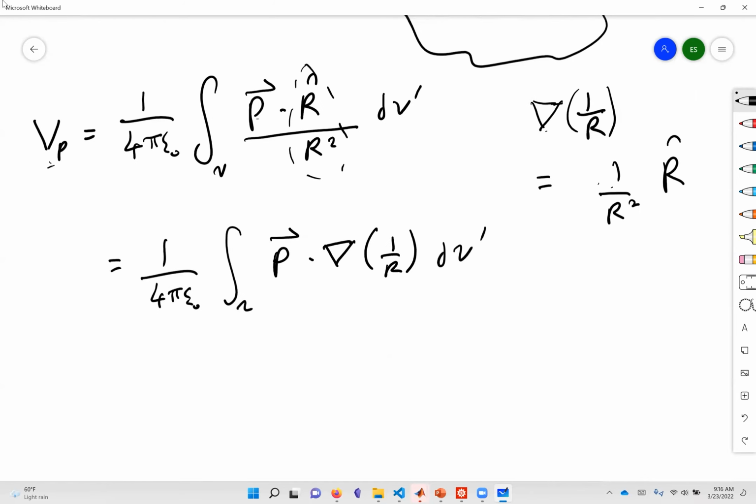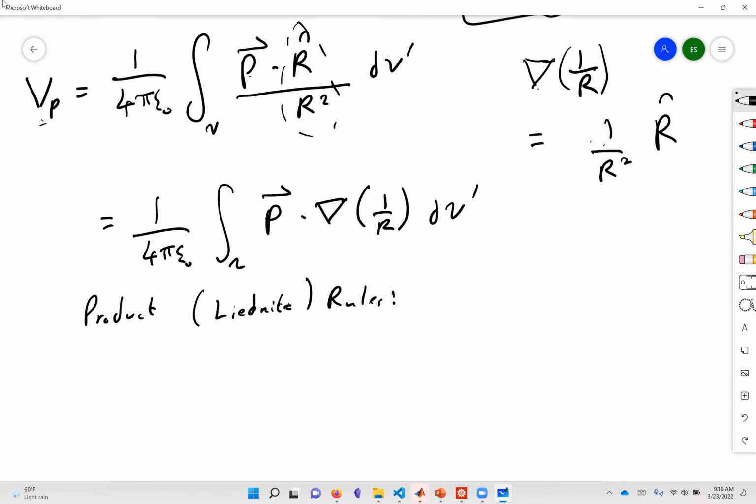Okay. And now we can use one of the product rules from vector calculus. Remember, we talked about some of those, and we said we're going to use them later, which are called the Leibniz rules. So one of the product rules is as follows. I'll write it down. It's the divergence of a scalar field multiplied by a vector field, meaning you take a vector field and scale it differently at every point in space.